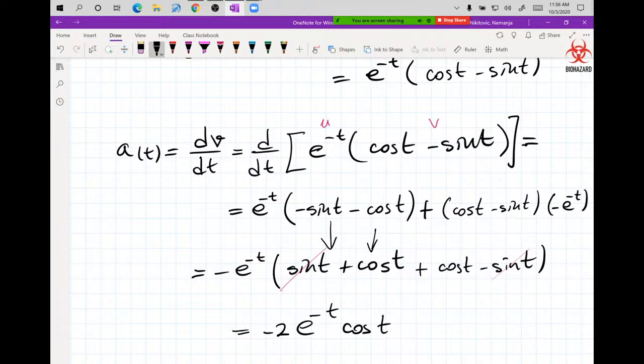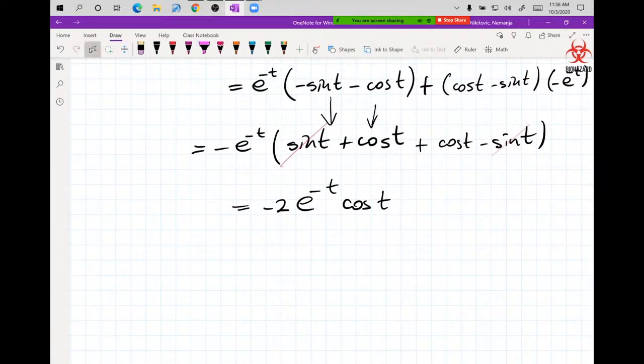So now I can ask, what is the position after 2 seconds? What is the velocity at 2 seconds, the speed? And what is the acceleration at 2 seconds? And I simply get those numbers by plugging in t equals 2 in each one of these equations.